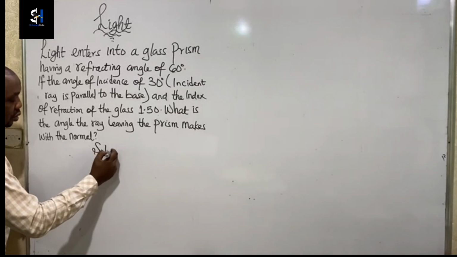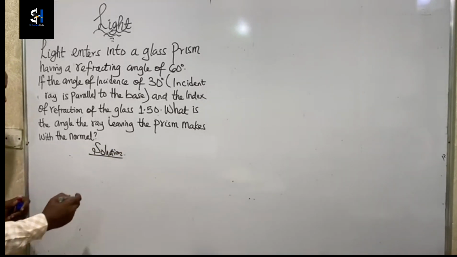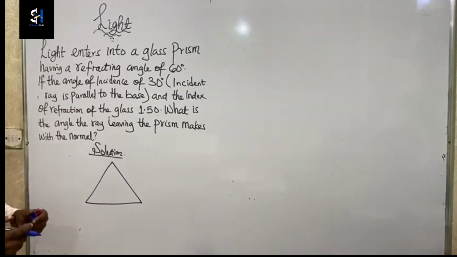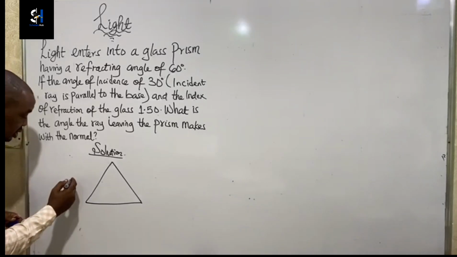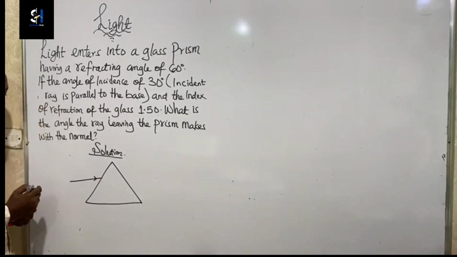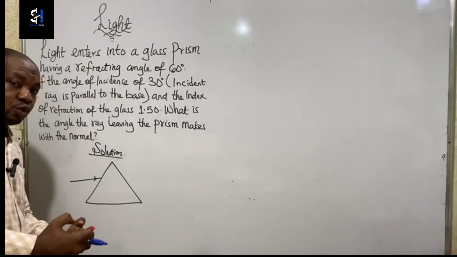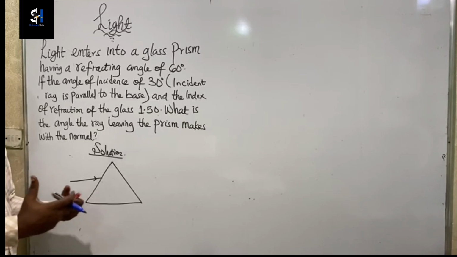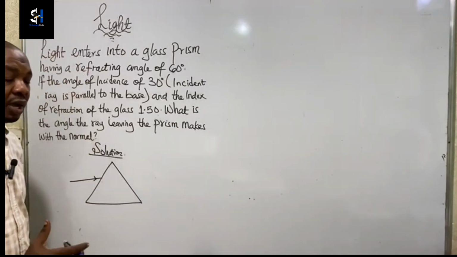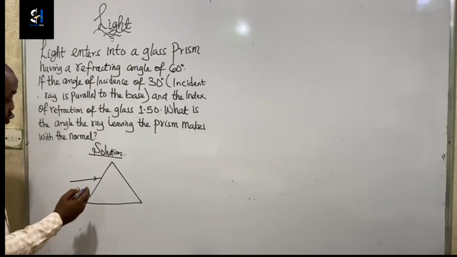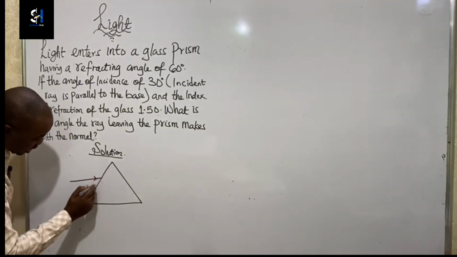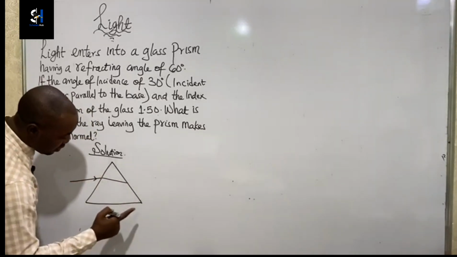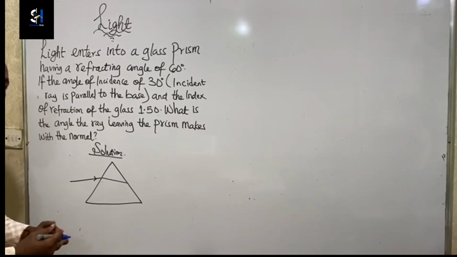It is a known fact that when a ray of single wavelength of light is incident on a glass prism, the emergent ray through the glass appears bent away from its original direction of travel by what we call the angle of deviation. Which means that when the light strikes the glass prism, it emerges bent away from its original direction of travel.